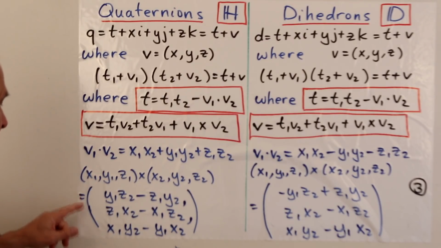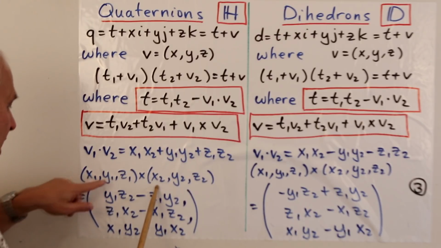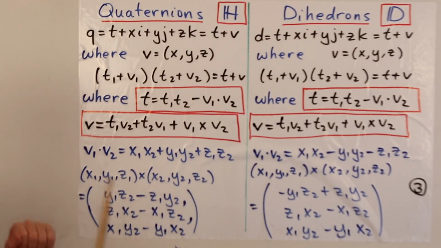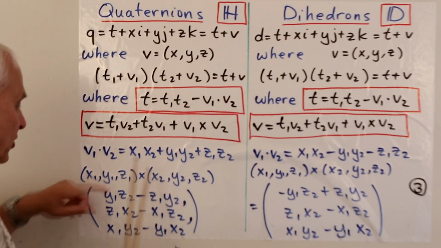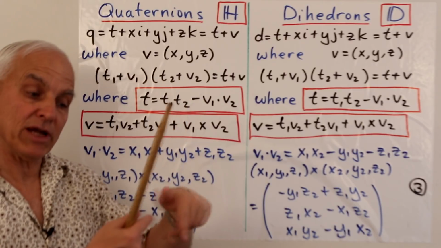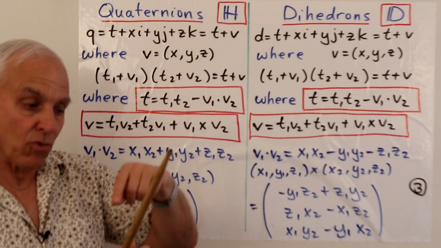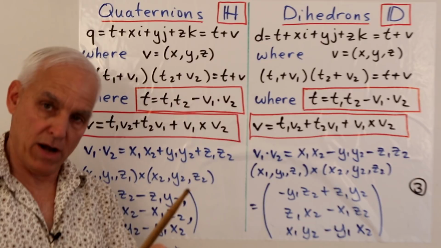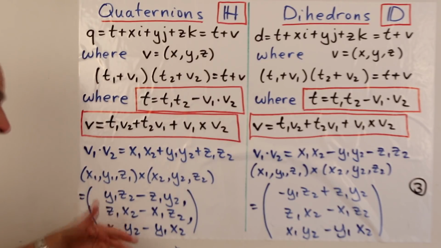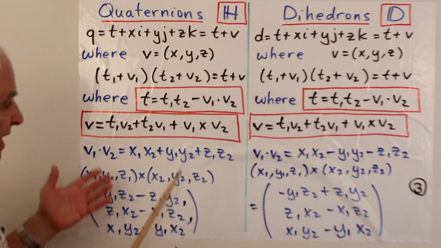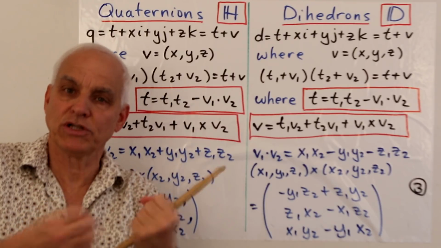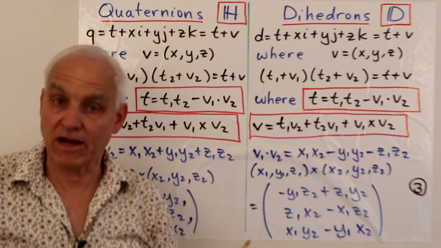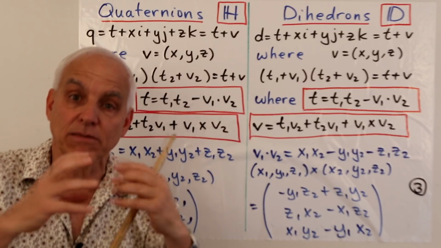The second component is z1x2 minus x1z2. And the third component is x1y2 minus y1x2. So there's a kind of cyclic symmetry as you rotate the indices through 1, 2, 3, and then back to 1. Okay, so this is the familiar cross product or vector product in three dimensions. And this is how the quaternion multiplication captures both the dot product and the vector product at the same time. It brings them together.